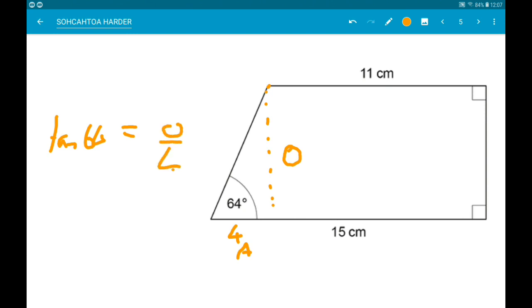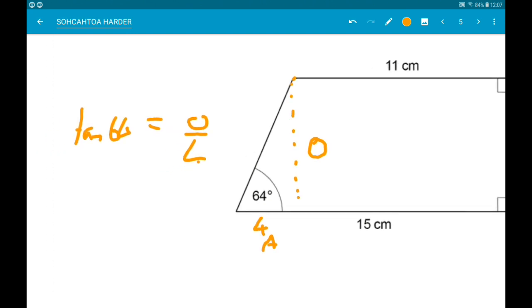So we want to get O on its own, multiplied through by 4, and we get the opposite is 4 tan 64, which to 1 decimal place is 8.2.